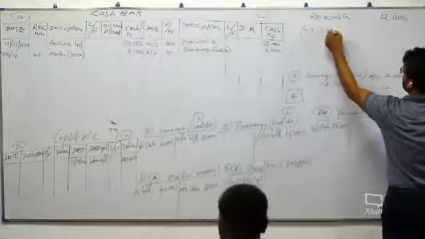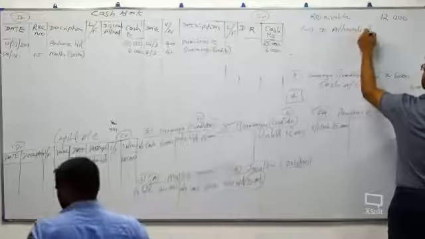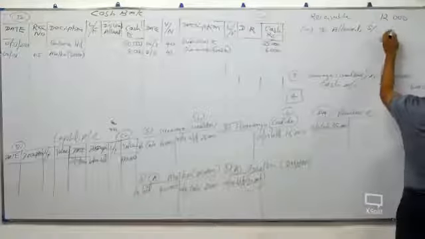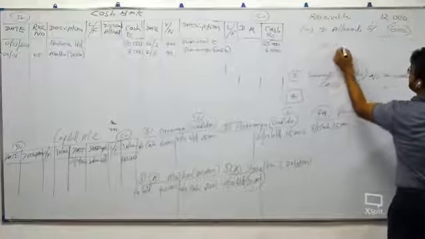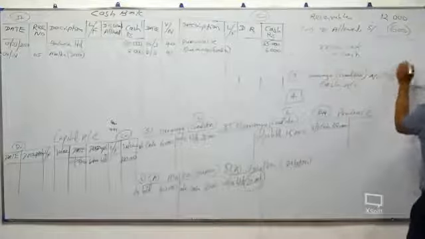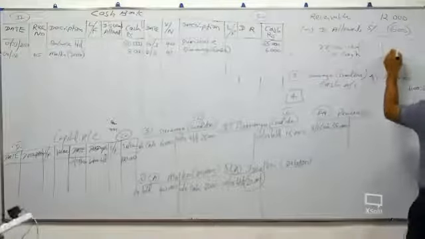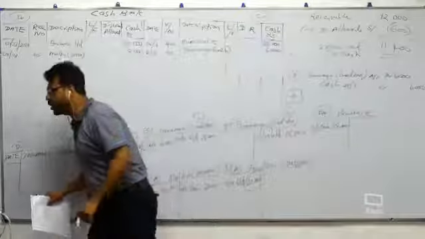Discount allowed 5%. So when you say 5%, 600 is the discount. So how much would we have received in cash? 11,400. We would have received in cash 11,400.